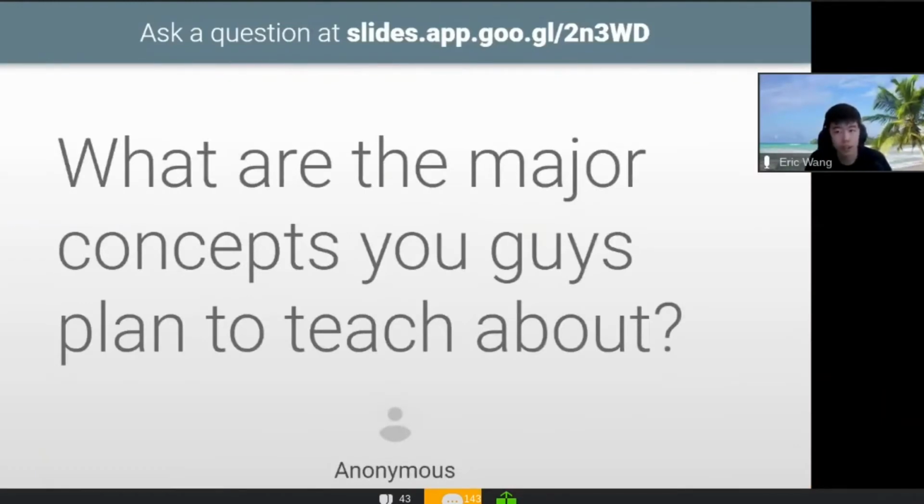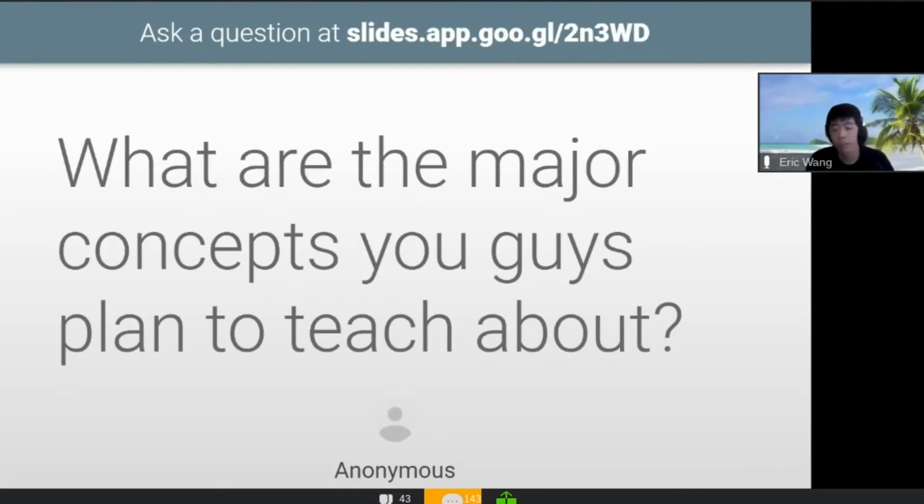The major topics we've currently considered are, we're going to start off with a quick introduction to what computer science is. That's going to be our next meeting. Then we're also going to touch on programming languages, machine learning and AI, algorithms, I believe also data structures, and some more.